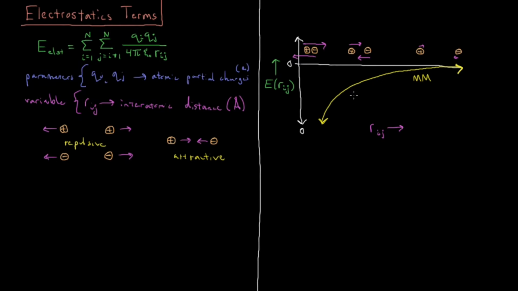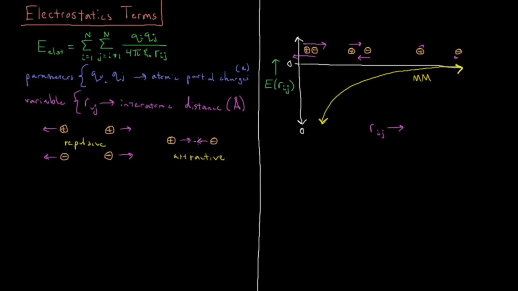Sometimes more advanced potentials have what's called screening, where you multiply this by something that makes it go back to 0 at short range, so it doesn't go down to infinity. But this term, left to its own devices, would just prefer to go to negative infinity. It would prefer for the atoms to be right on top of each other. That doesn't happen because of the van der Waals terms between them.